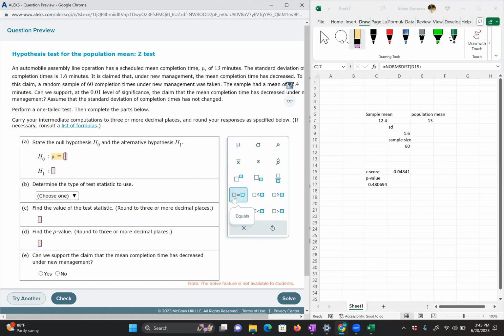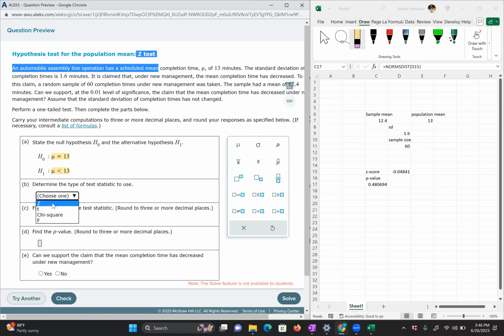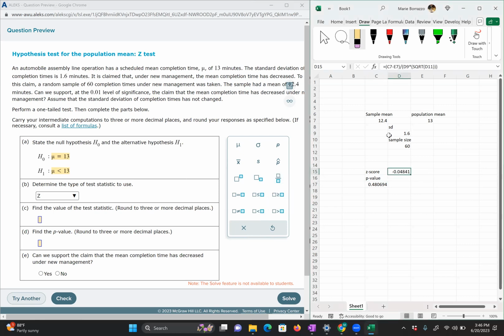So first things first, we're going to start with mu is equal to 13 minutes versus mu. They're saying they think it's decreased, right? So mu should be less than 13 minutes. Again, this is what you need, z-test. The value of the test statistic is your z-score right here in yellow.